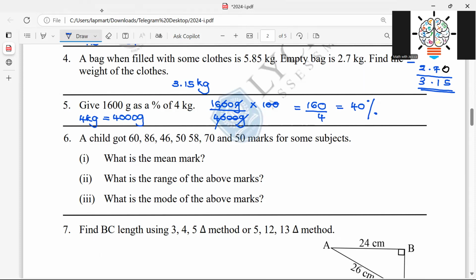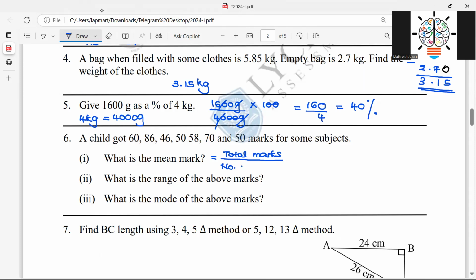A child got 60, 86, 46, 50, 58, 70, and 50 marks for some subjects. What is the mean mark? How do you find the mean mark, children? That you get the total marks, and you divide it by the number of subjects, right?